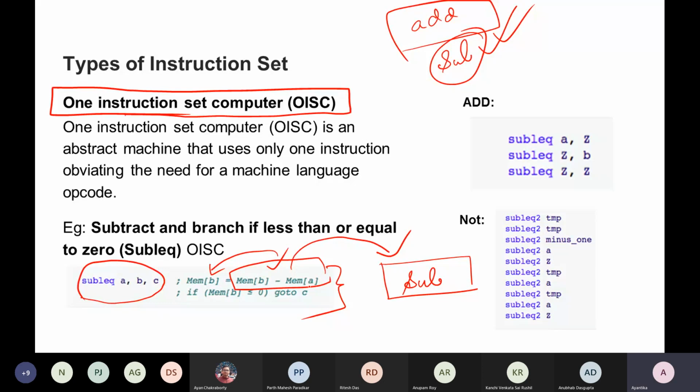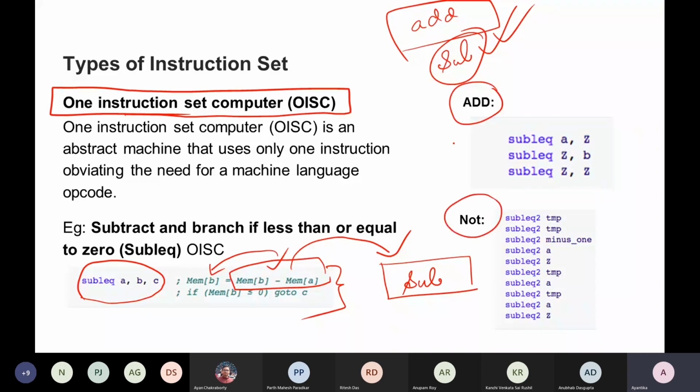So let's consider one computer that supports one single instruction. That ALU supports just one single block, the subtraction. With that, can you develop any kind of operations? The answer is yes, you can do it. You can go back and check the add, not, and other basic operations.